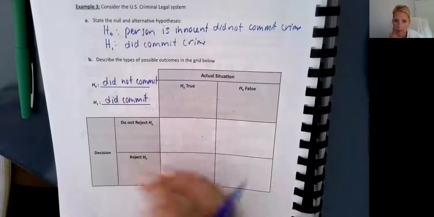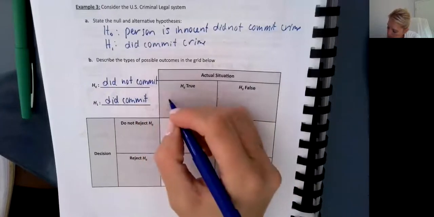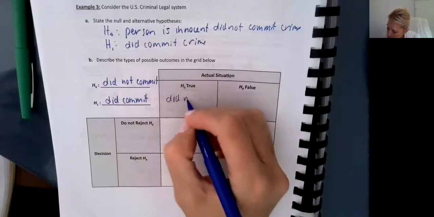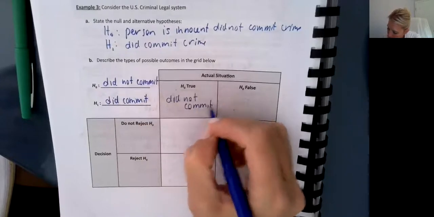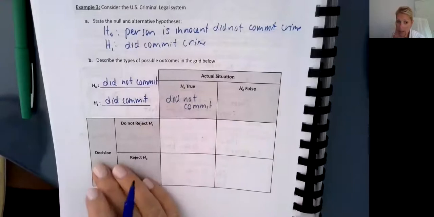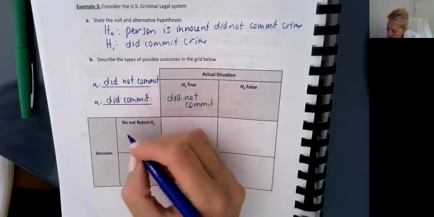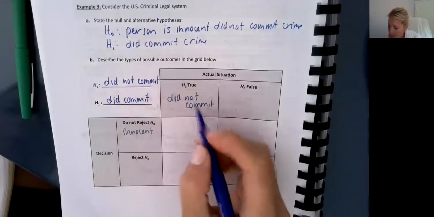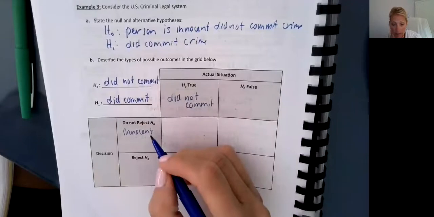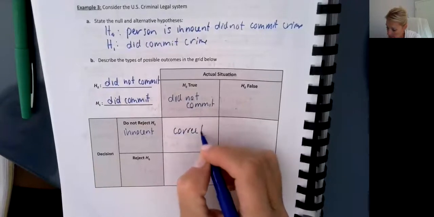So the actual situation: H0 is true, so did not commit. And the decision they made was they do not reject H0. So that means they said they were innocent. They did not commit the crime and they said they were innocent, so this is a correct decision. That's good.